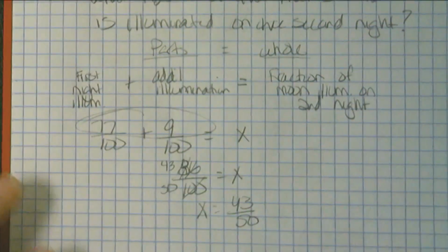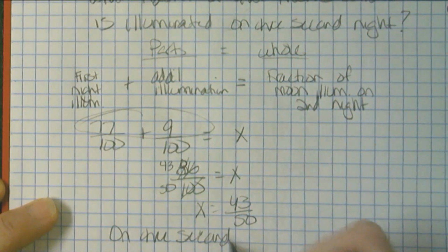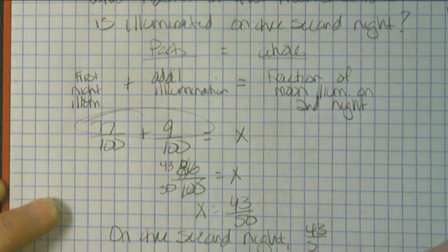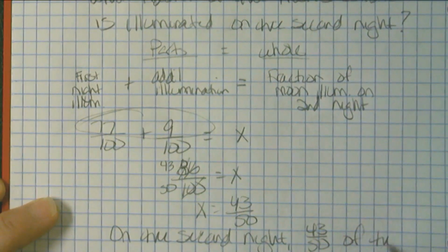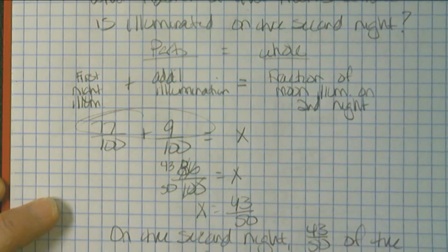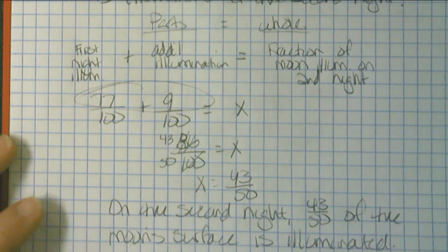So I'm going to say on the second night, 43/50ths of the moon's surface is illuminated. Don't forget, you guys need to write in a sentence stating your answer.